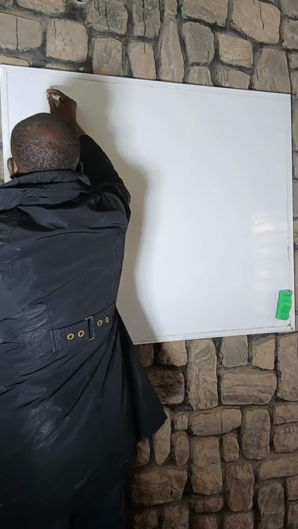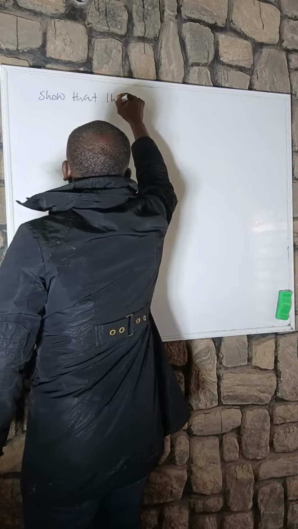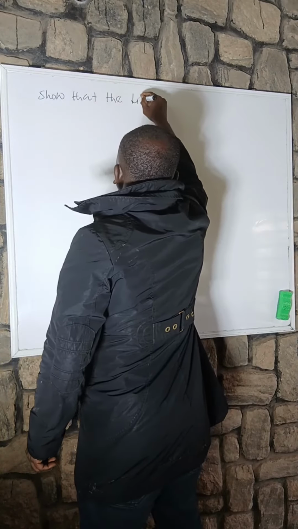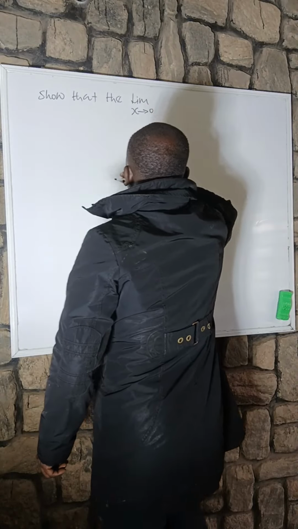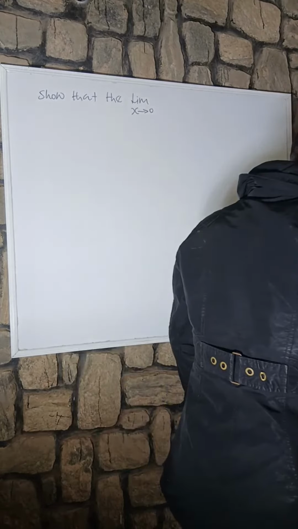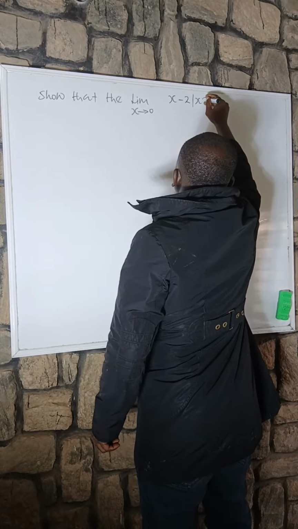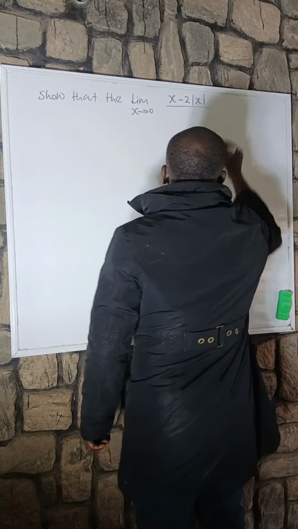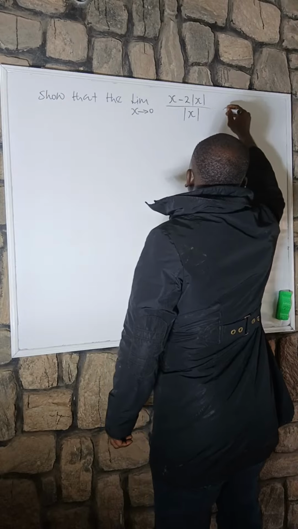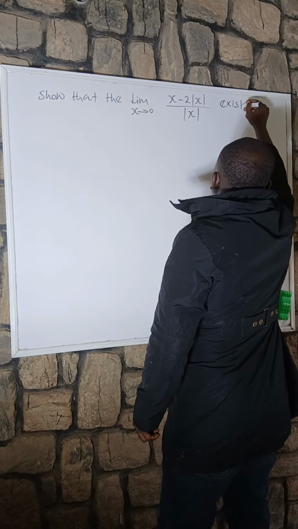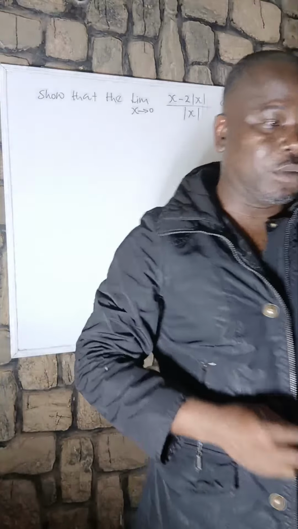One of the examples says, show that the limit as x tends to 0 of x minus 2 times the absolute value of x, all over the absolute value of x, exists. Yeah, we want to look at it together.